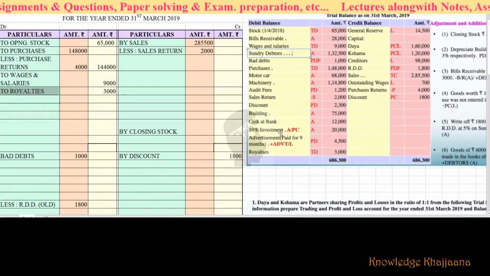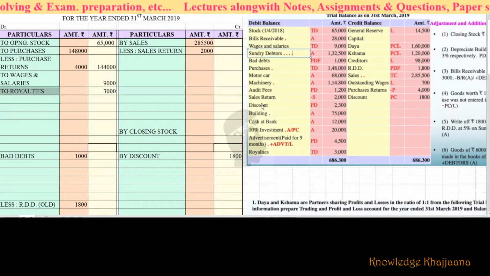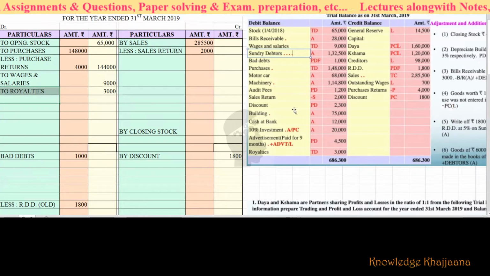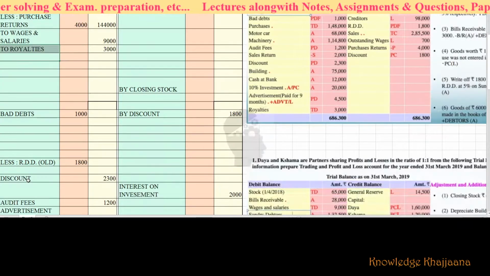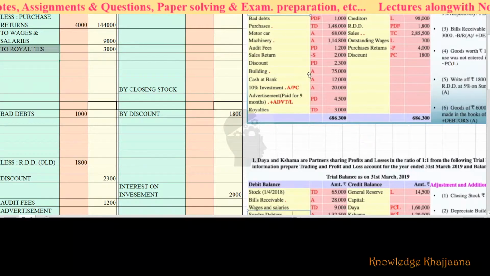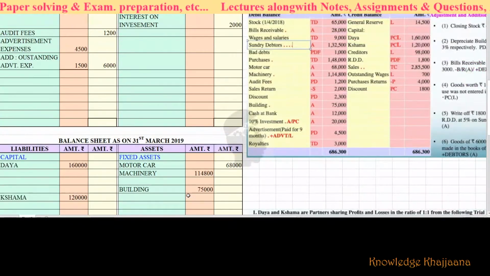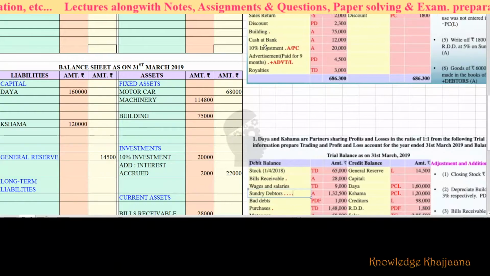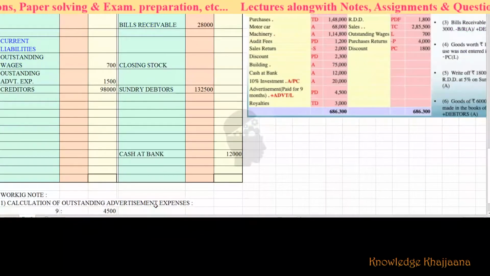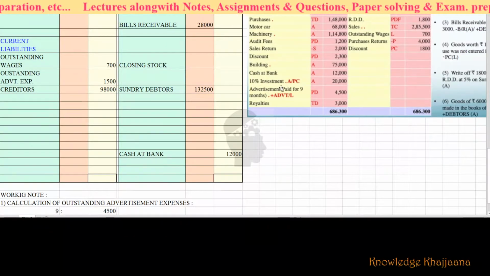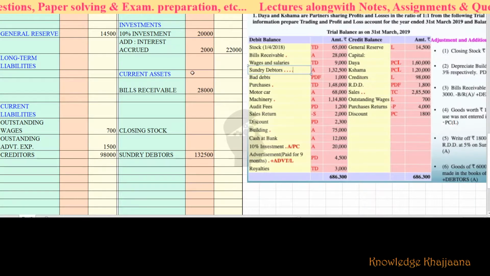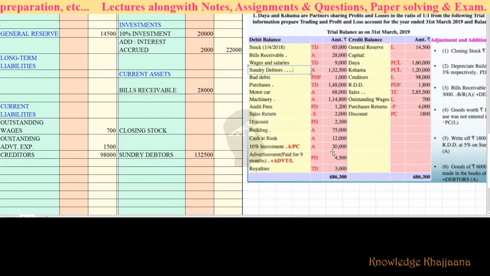Then discount, profit and loss account debit side, rupees 2,300. Building, asset side, rupees 75,000. Cash at bank, rupees 12,000. 10% investment rupees 20,000 plus accrued interest rupees 2,000.